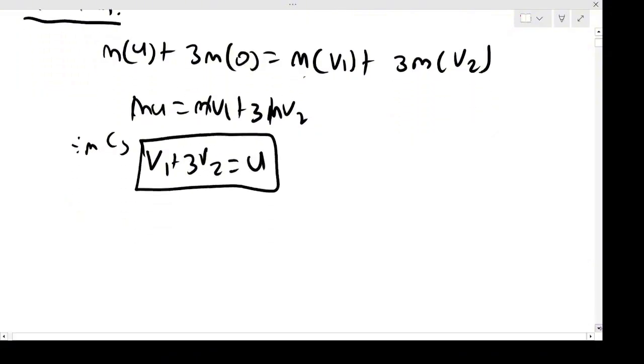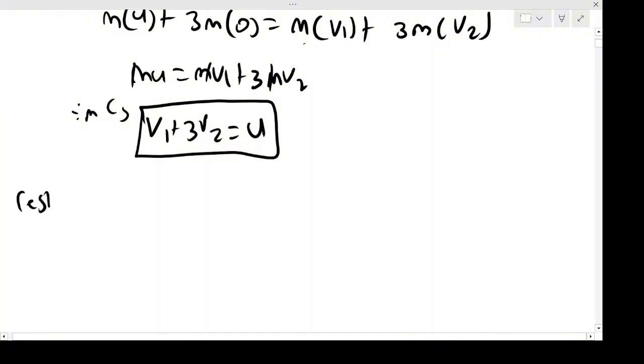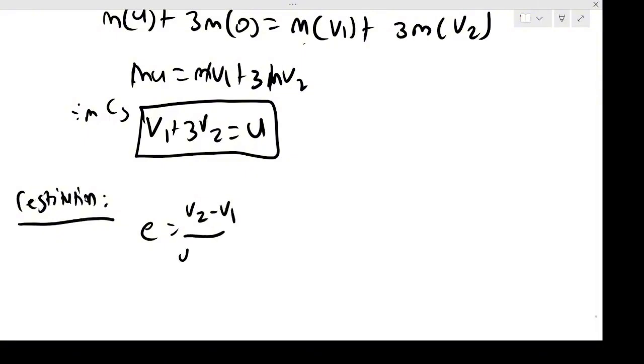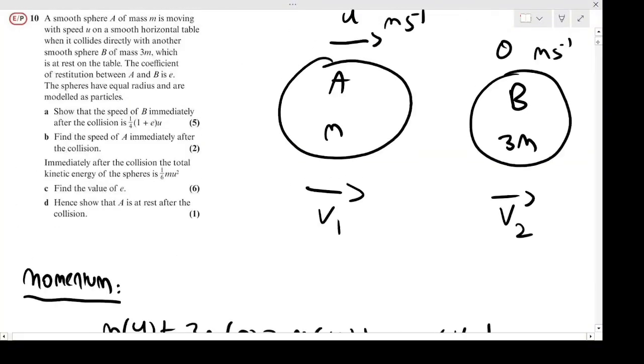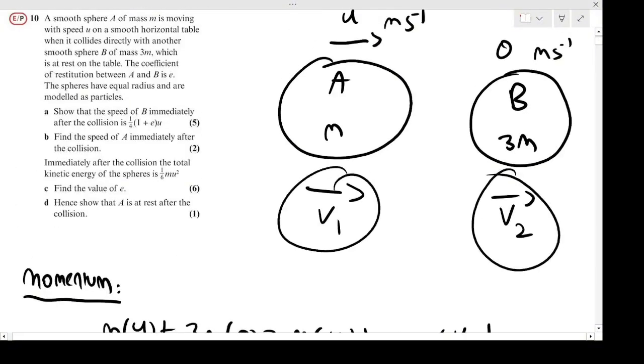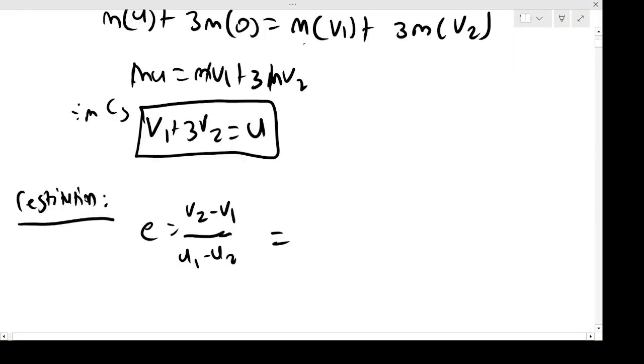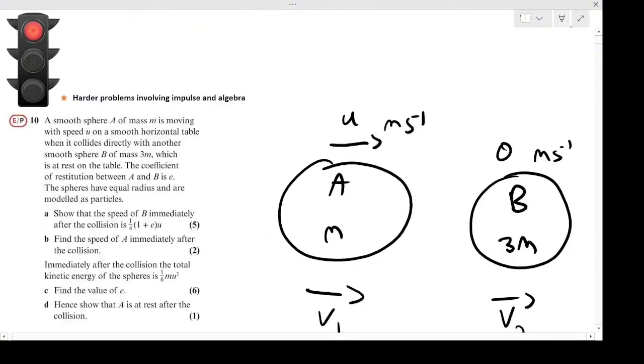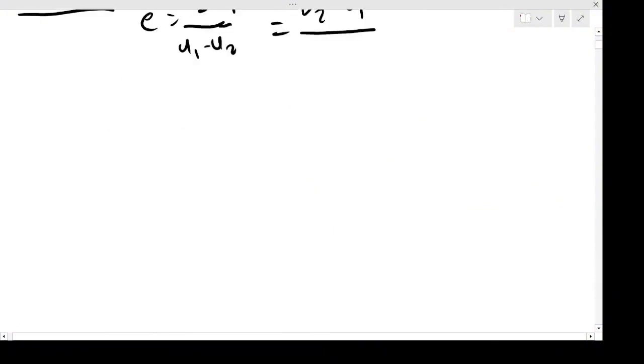Okay, then we can apply restitution. So remember, that's saying E is v2 take away v1 over u1 take away u2. So in that case, we have v2 and v1 here, so simply v2 take away v1, and then u1, the speed of the first particle A, that's going to be u, and B has speed 0 initially, right?